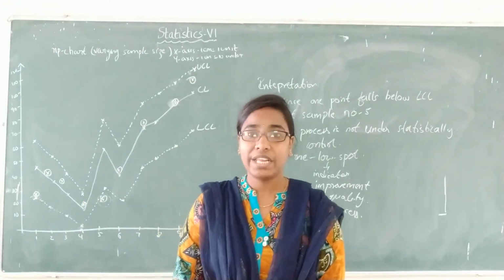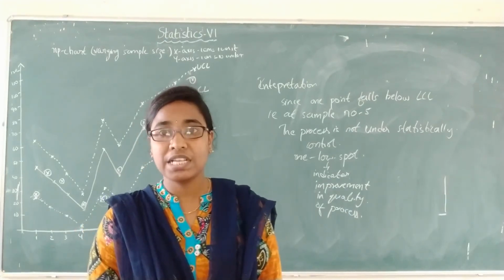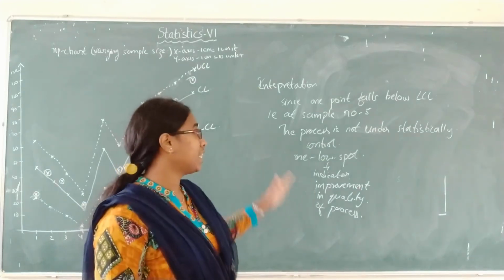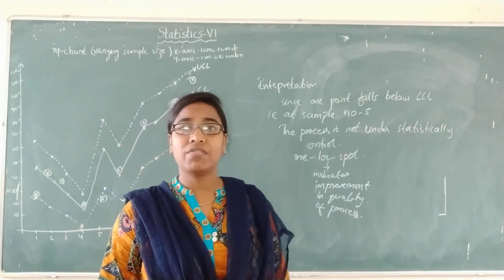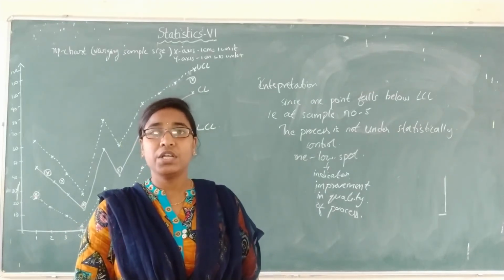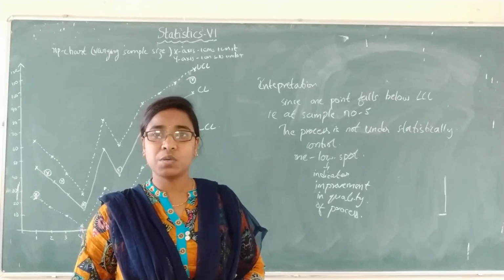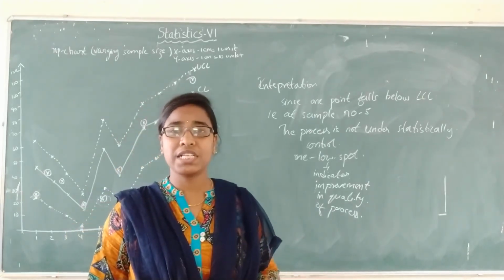For varying sample size, you will be getting different UCLs, different CLs and different LCLs. For the CL you will get one column, that is Ni into P bar, and for LCL and UCL you have to create other columns. By using the LCL and UCL formulas, you will be finding the UCLs and LCLs.